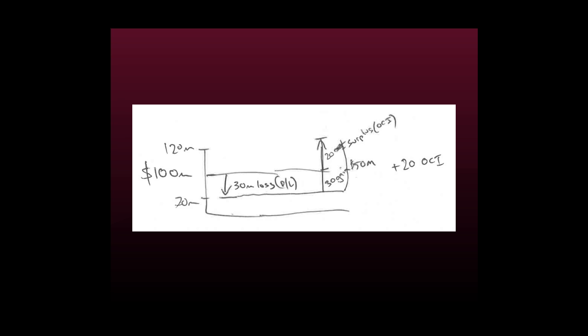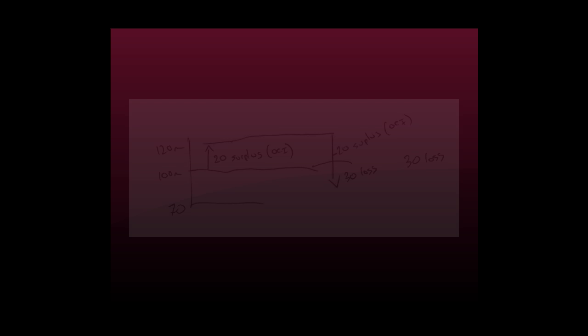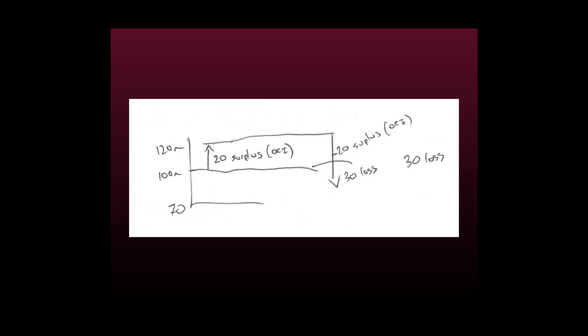If you go down, you go through loss, and you come back up through profit and loss until you get rid of it all, then you come up through surplus. Same holds true in reverse if you go up first. If you then come down, this bit is a $20 surplus but negative. So that's OCI.